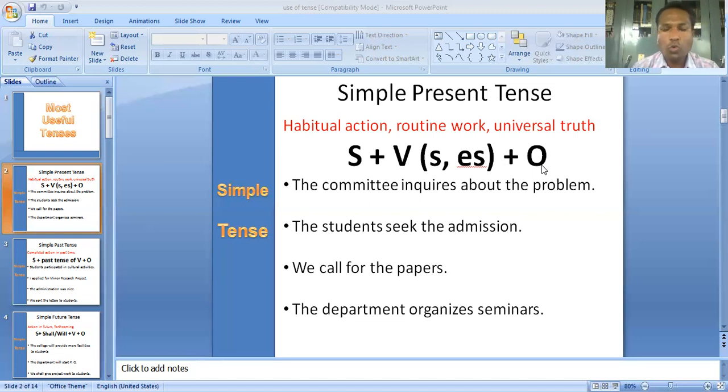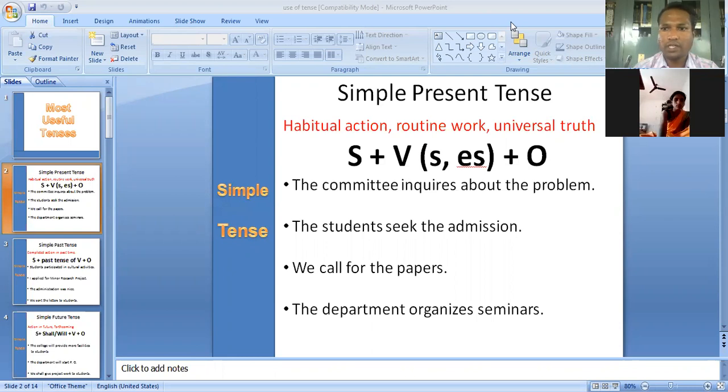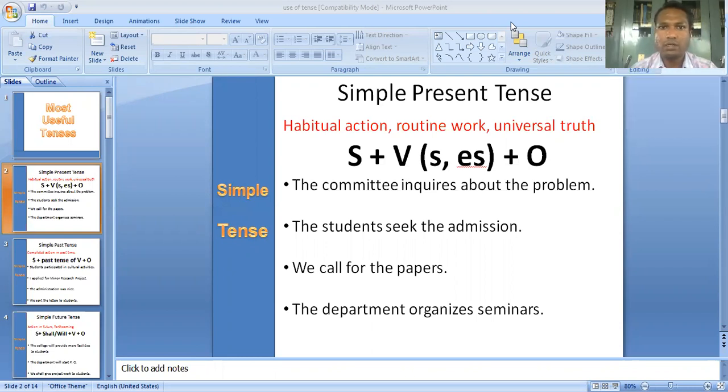Okay. So when we use this S and ES, it depends on your subject. It depends on your first subject that comes at the beginning. The S/ES part that is attached to the verb depends on your subject. It depends on your subject, meaning when the subject is third person singular. I repeat once again, when the subject is third person singular, I write for you third person singular.